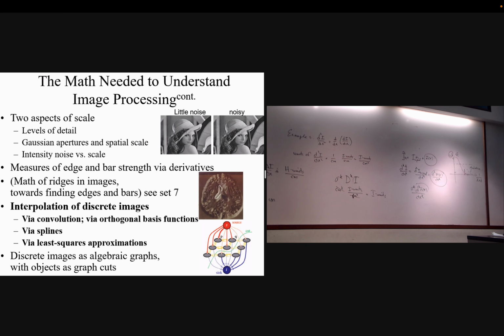We are going to talk about interpolation via splines. Splines are piecewise polynomials, right? And so we're going to be able to think about interpolation via splines as interpolation using piecewise polynomials.